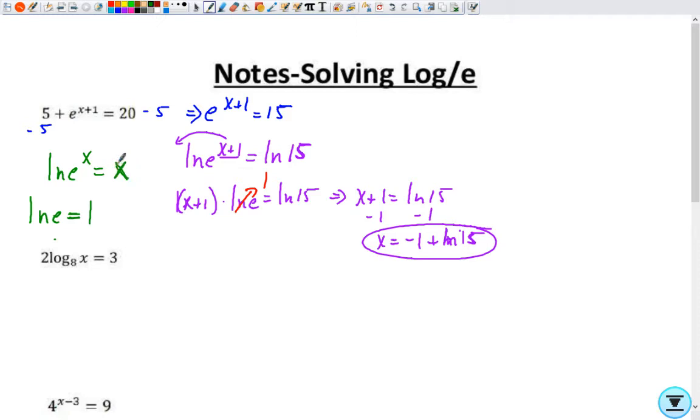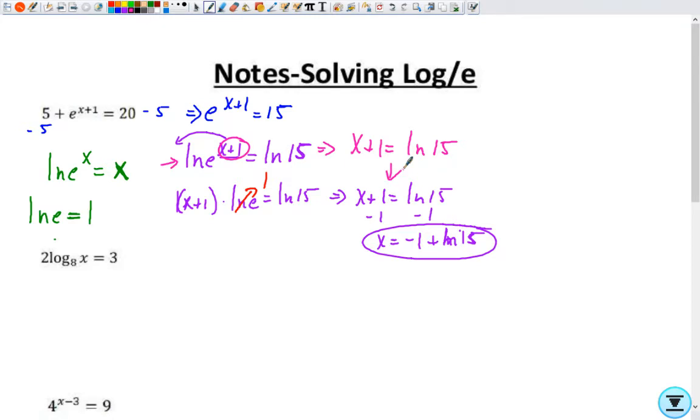That is the inverse identity. Since the natural log and e to the x are inverses, I'm left with x. So for this one, we could have used it here, and I would have ended up with x plus 1 equals the natural log of 15, which means I end up right here and get the same answer.